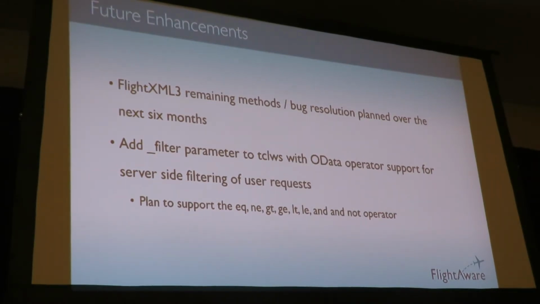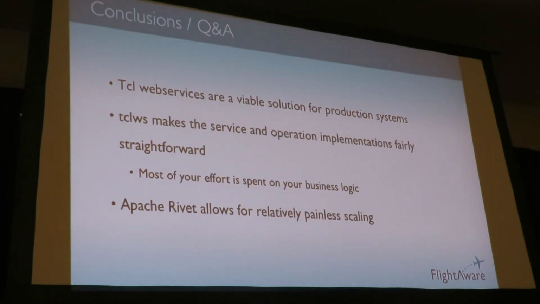It's something we may add, and we may actually place that in our tclws fork. I'm not 100% sure yet, but that's currently what our thinking was. We're talking about supporting just a subset of those operators: equals, not equals, greater than, less than, not, and that's about it.